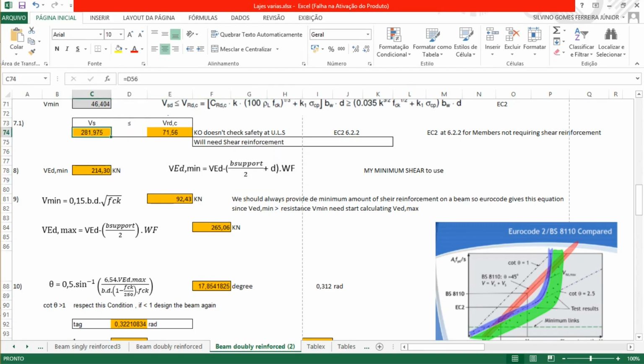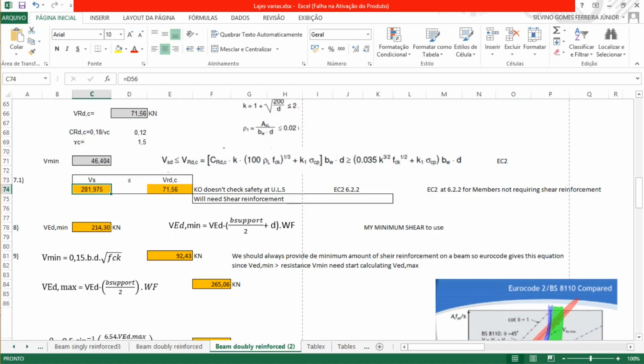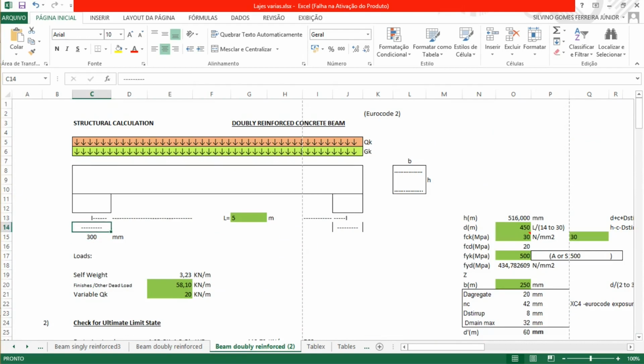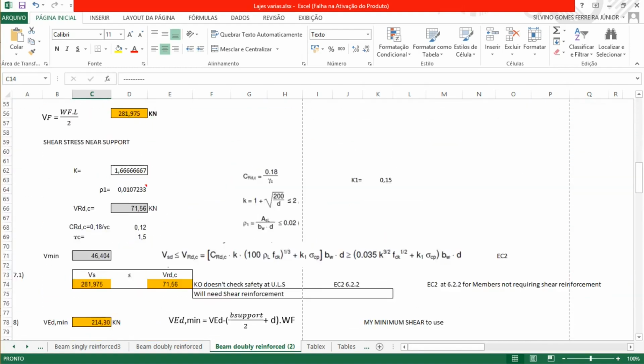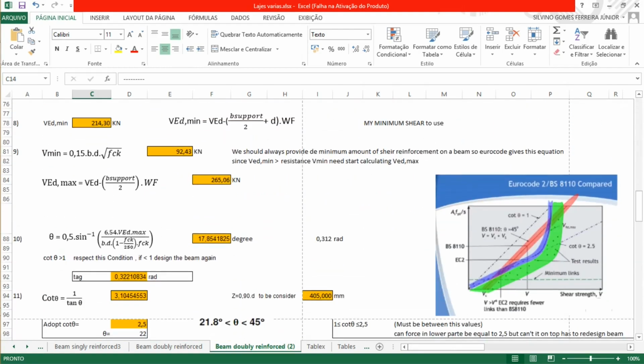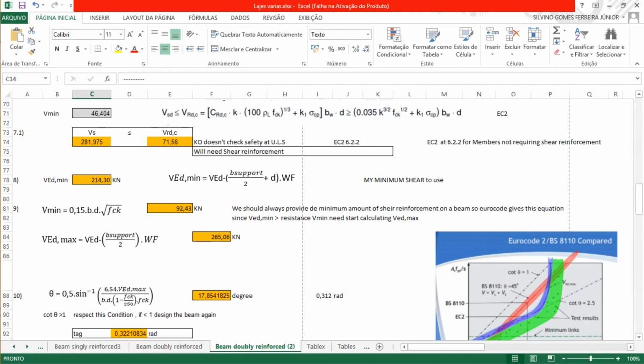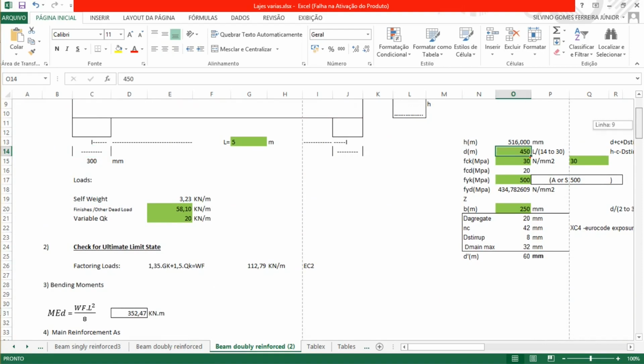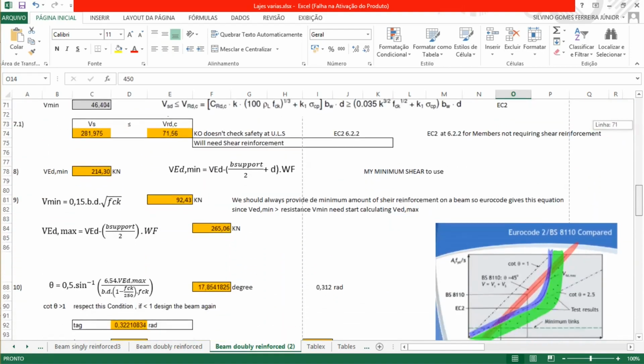So this VED minimum is given by this equation, that is the shear that we calculated, 281, less that distance, half of the support, which we are adopting here for this brick wall at 300 millimeters on the bottom, divided by 2, plus D of the effective depth, that is 450. So that's the distance from the face of support we are considering.